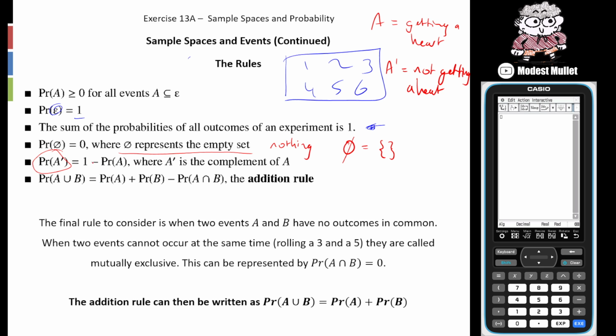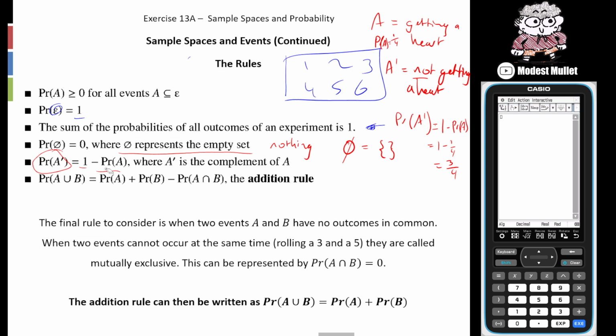And the probability of the complement is equal to 1 take away the probability. So if we say the probability of getting a heart is 1 over 4, that means the probability of A is a quarter, while the probability of A dash is equal to everything other than that. That's what not effectively means. That means everything else, take away the probability of A. So we get 1 take away a quarter is equal to 3/4.